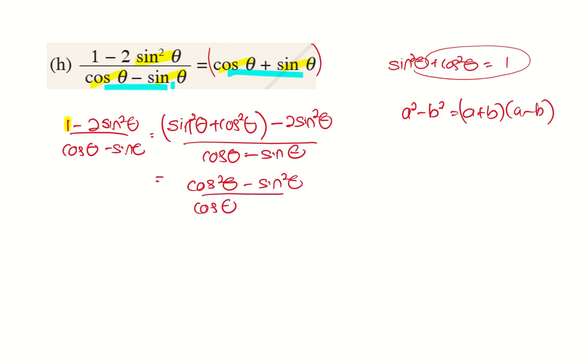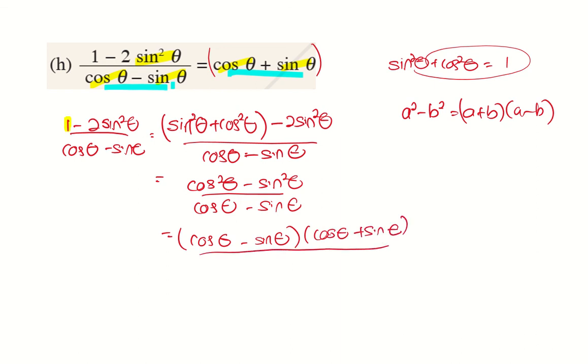Yes, that will be cos minus sine, cos plus sine over cos minus sine theta. This one and this one can cancel off. Then we have cos theta plus sine theta. Proven.